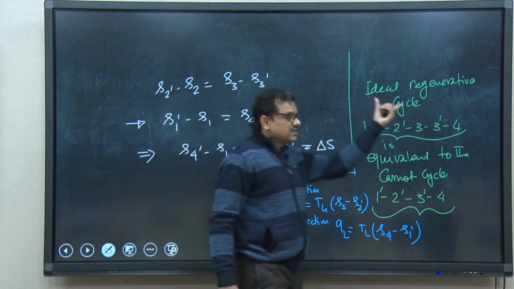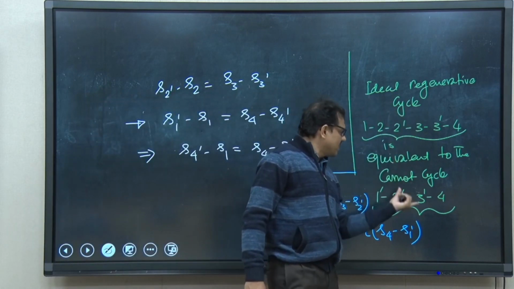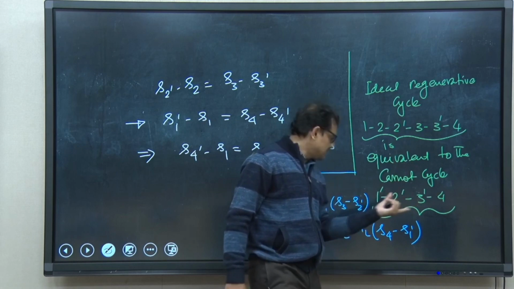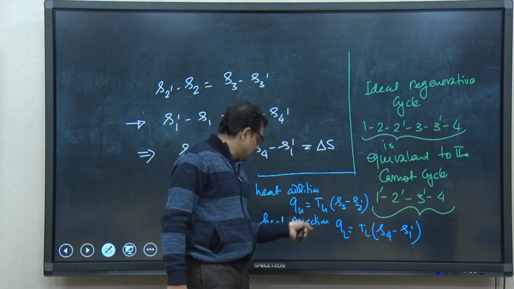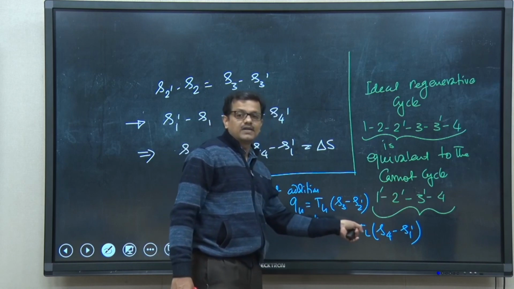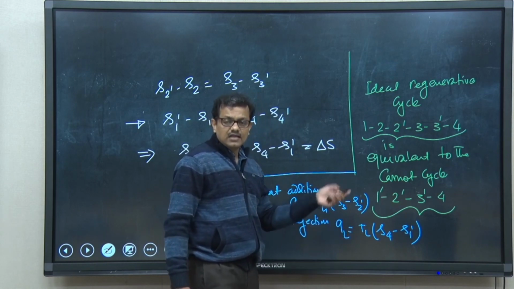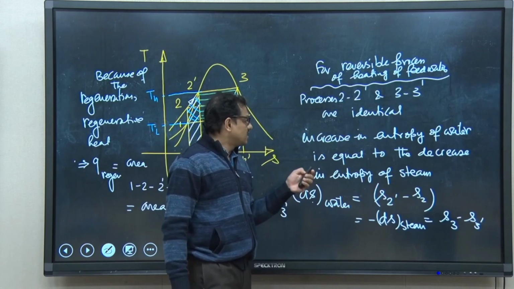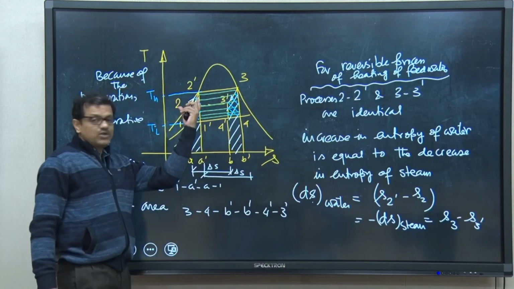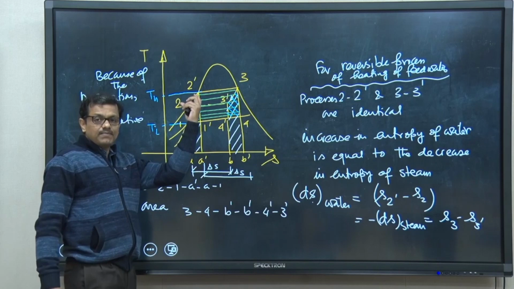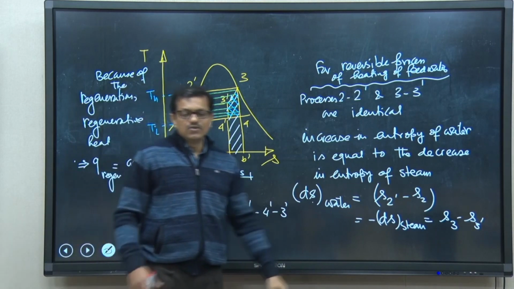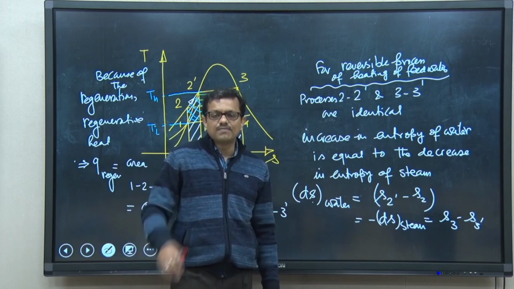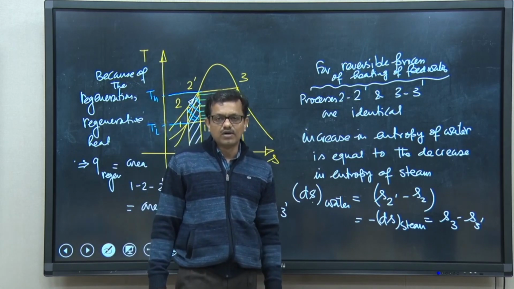So, the ideal regenerative cycle is equivalent to the Carnot cycle, in which heat addition is at constant high temperature TH, and heat rejection again is at constant temperature TL. It is because of this regeneration that we could eliminate this segment, at which the average temperature of heat addition becomes lower.